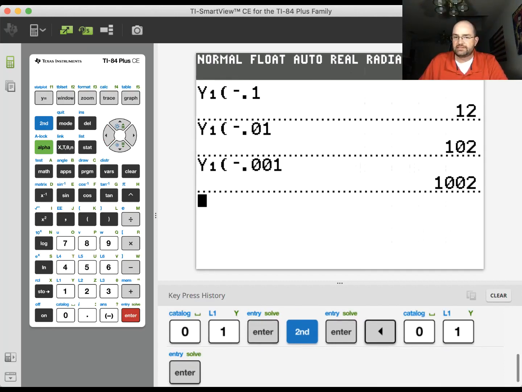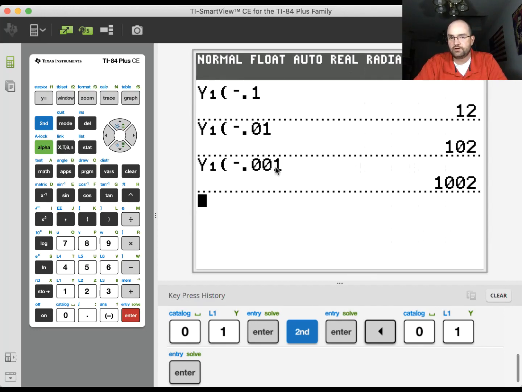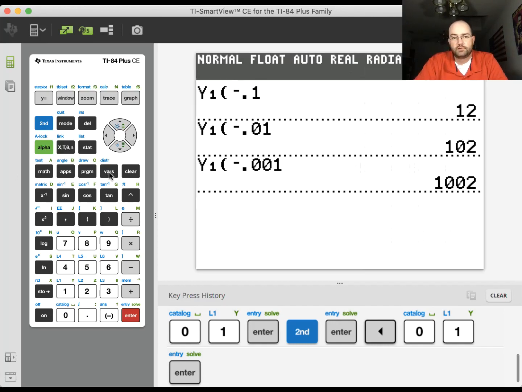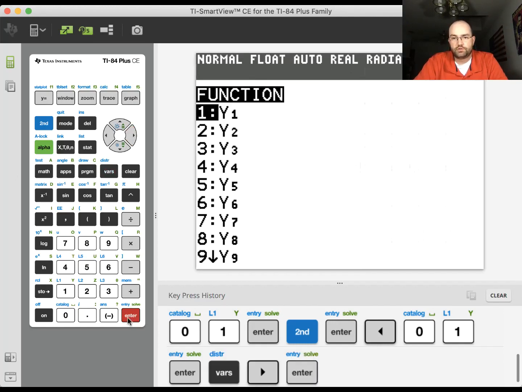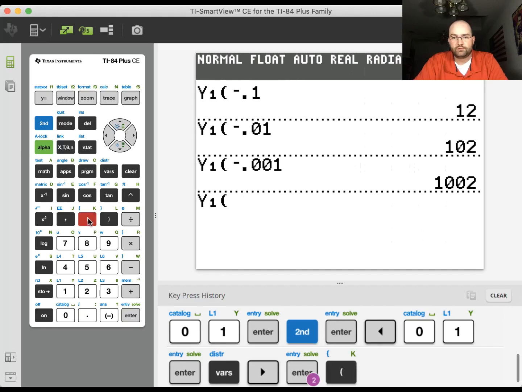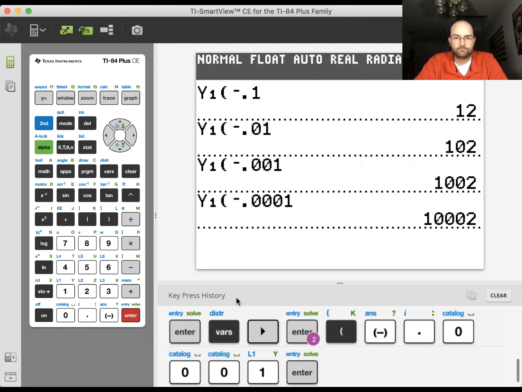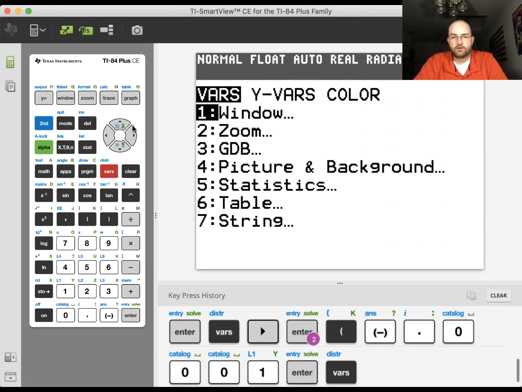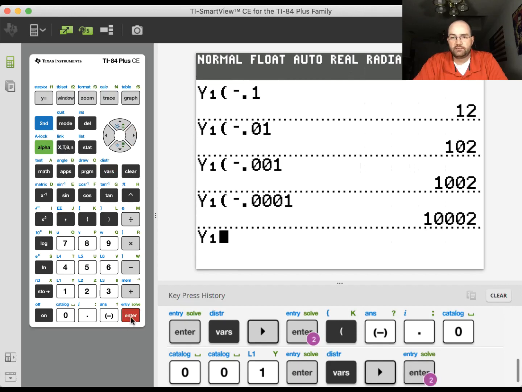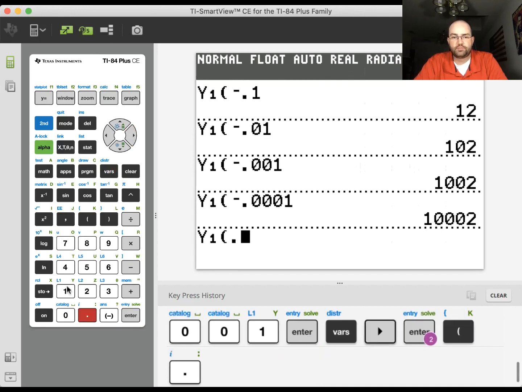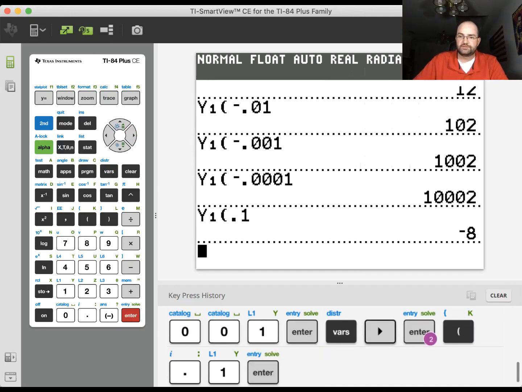So notice that as x gets closer and closer to the number 0 from the left-hand side, this is getting larger and larger. And it's just going to keep going up and up and up. Negative 0.0001 is going to be 10,002.